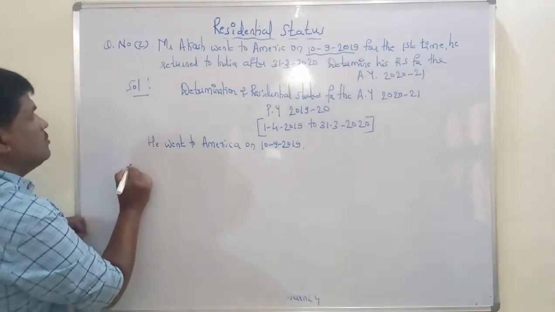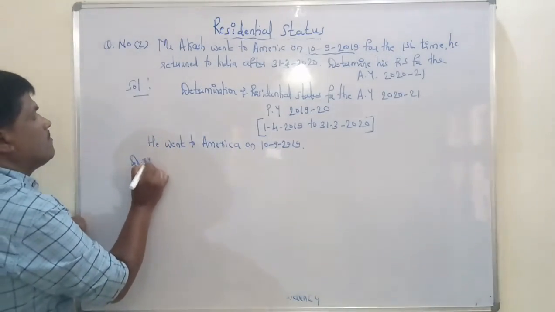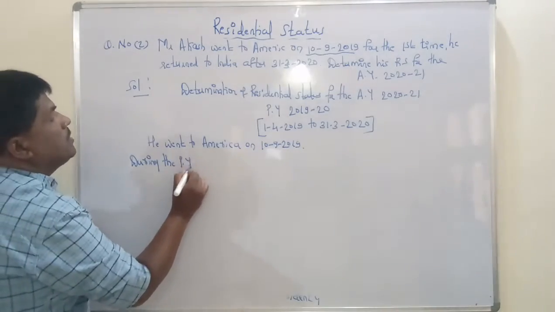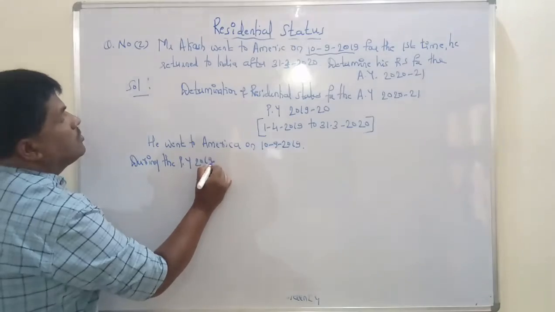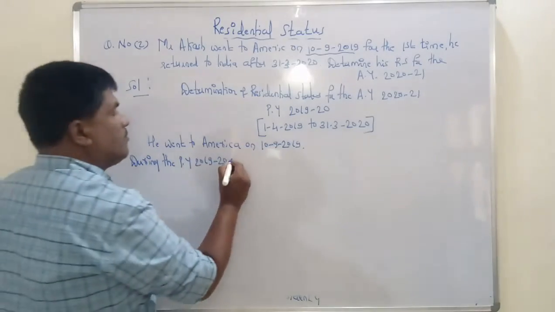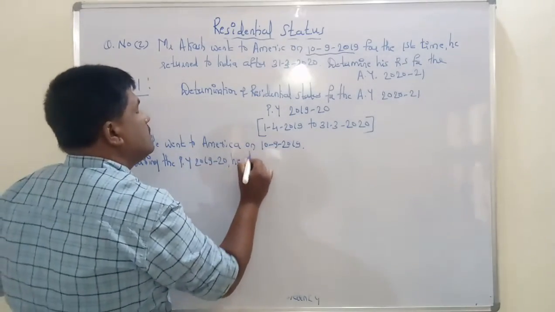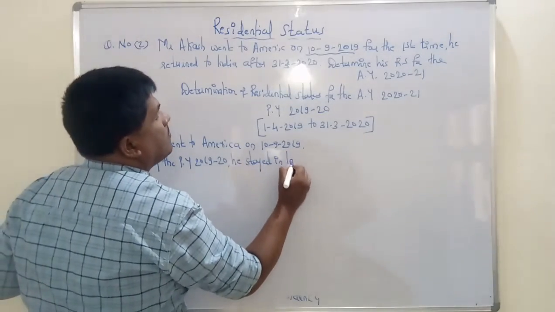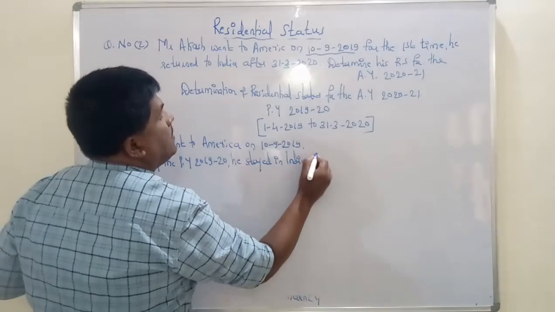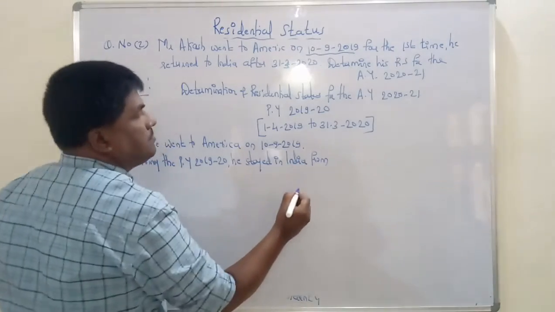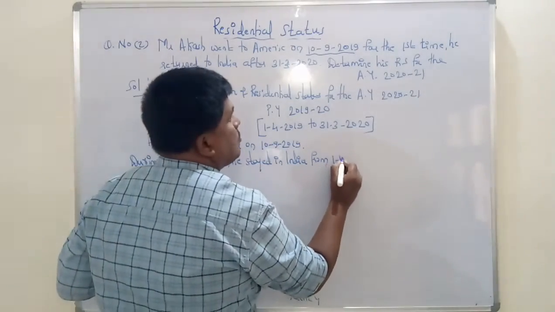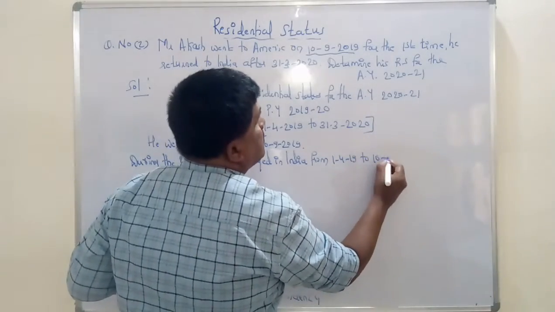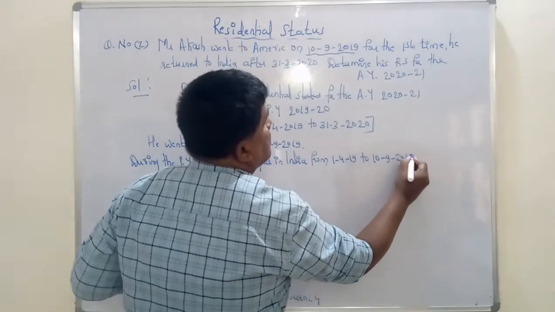Okay, once again you count the number of days of his stay in India during the previous year. So during the previous year 2019-2020, he stayed in India from 1/4/2019 to 10/9/2019.